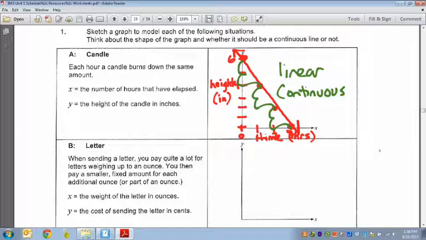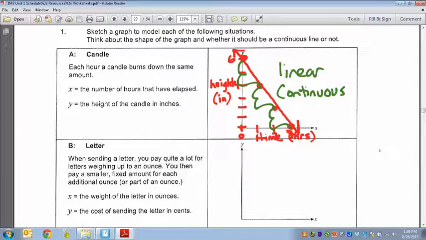All right, now let's talk about letter B. The letter B, that's funny because it's about a letter. When sending a letter, you pay quite a lot for letters weighing up to an ounce. You then pay a smaller fixed amount for each ounce or part of an ounce. So what it's saying is that when you send a letter, the first ounce costs a lot, because they have to hire someone to send the mail, process it and take it.